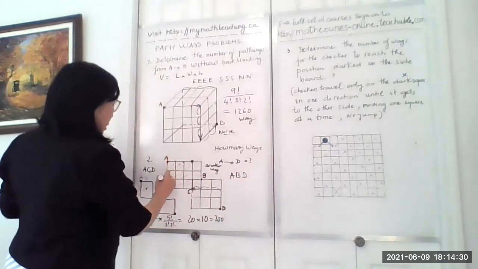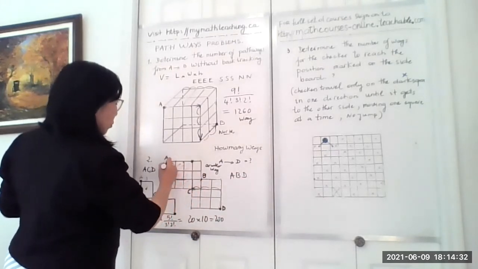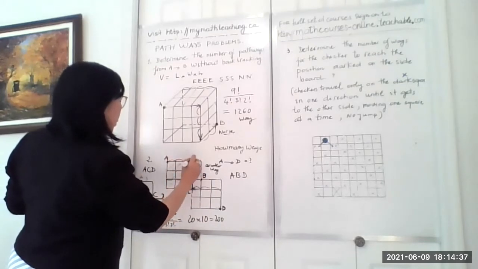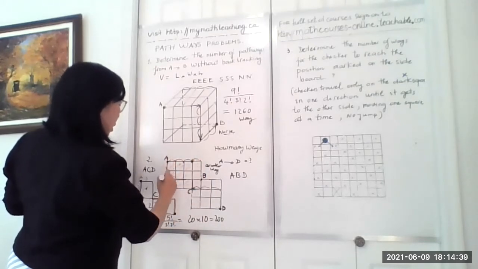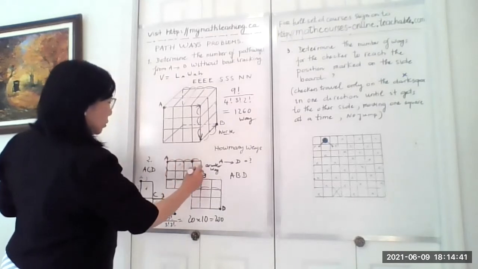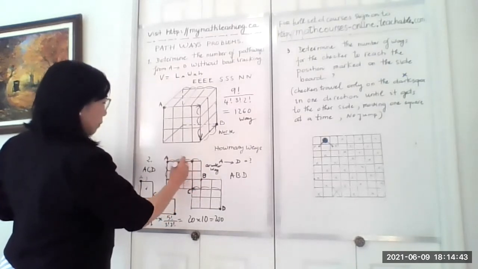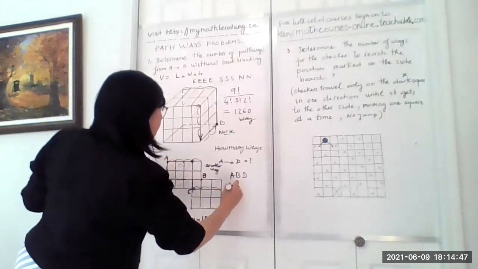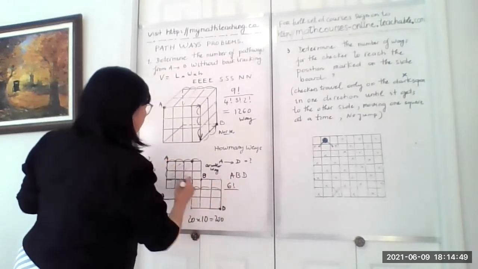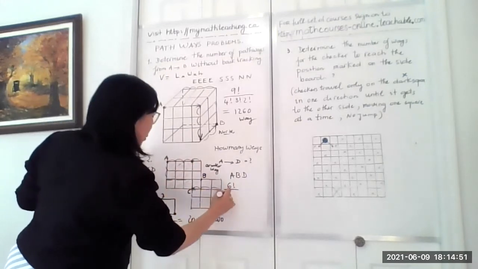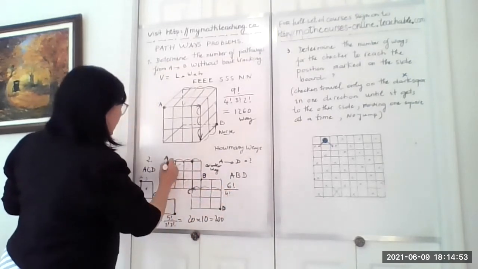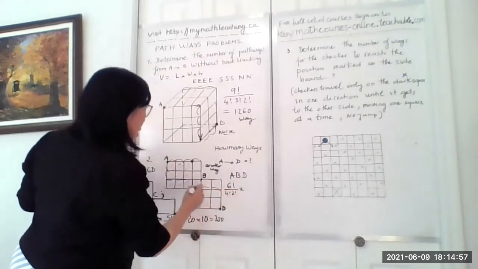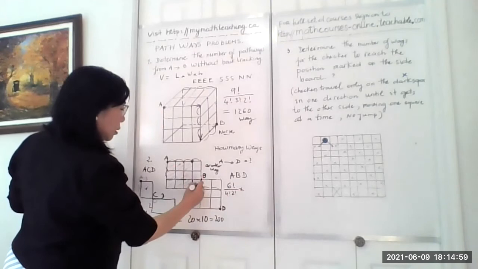And ABD is this shape of rectangle, which is 1, 2, 3, 4, 2, right? So the rectangular here have 4 blocks here and 2 blocks here. So the total will be 6 factorial divided by 4 factorial and 2 factorial. Times with this block, right?